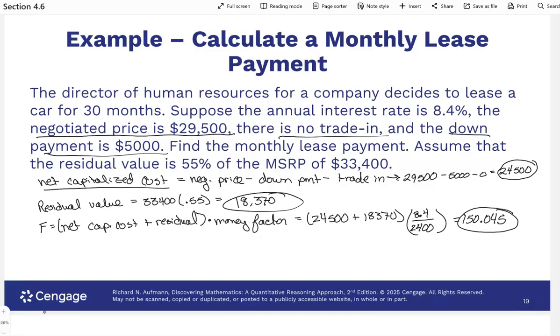So this is the average monthly finance charge.